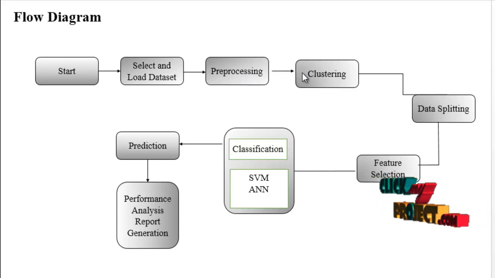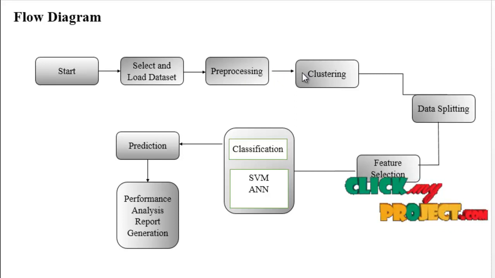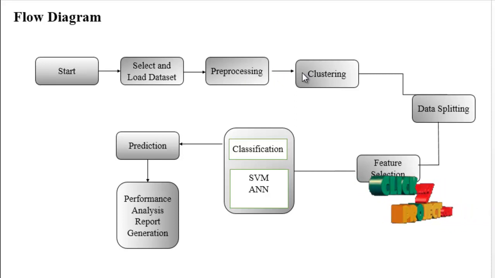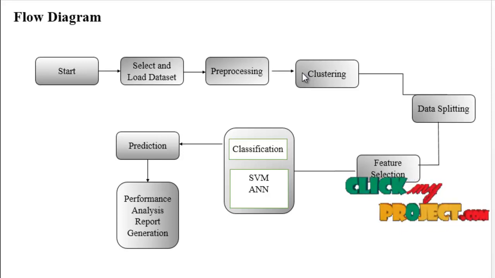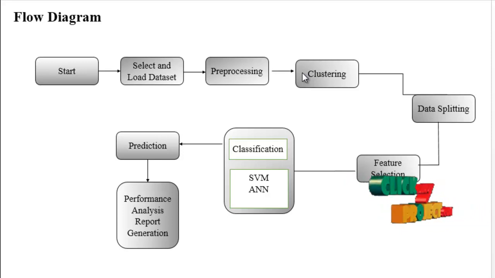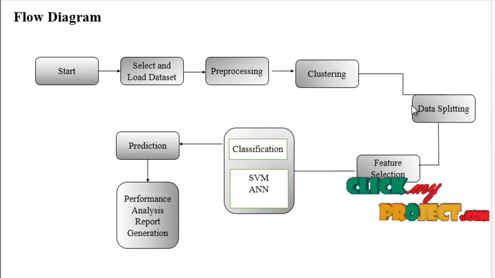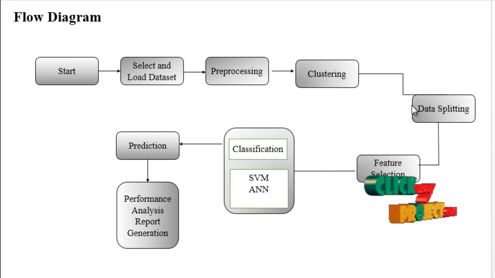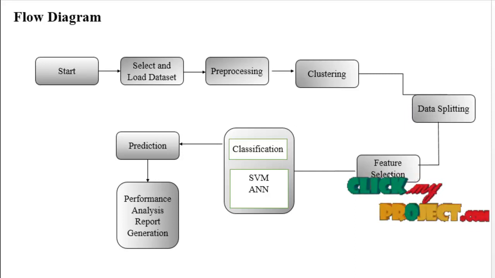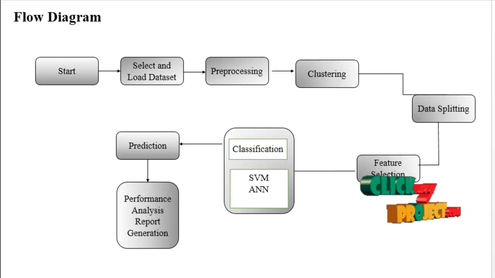Next, clustering. Clustering is grouping the data set, that is labeling, assigning whether it is an IoT attack or not. Next, data splitting. Data is split into training and testing data. Feature selection: from the data set features, select the best features.